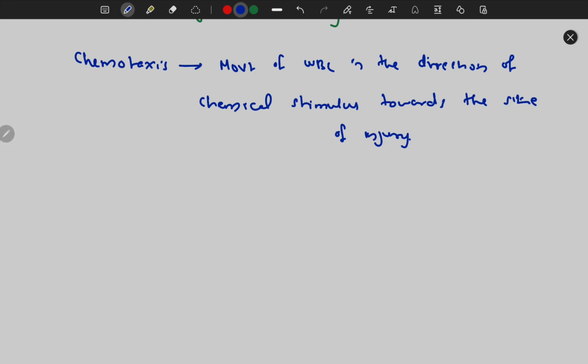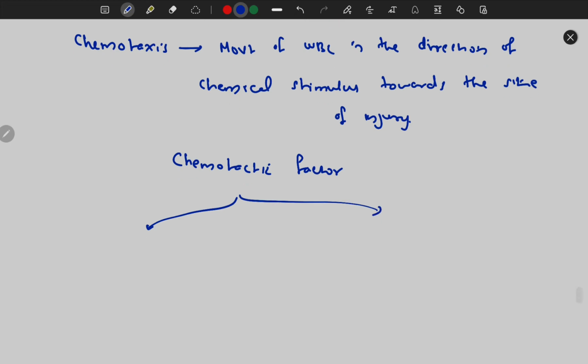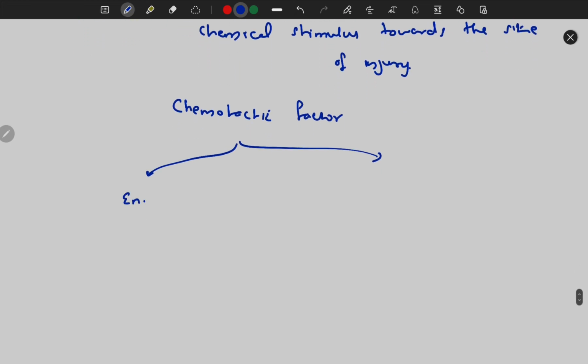So what are the chemotactic factors? The chemotactic factors include both endogenous and exogenous.